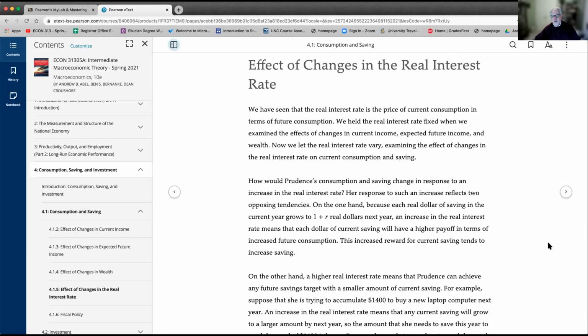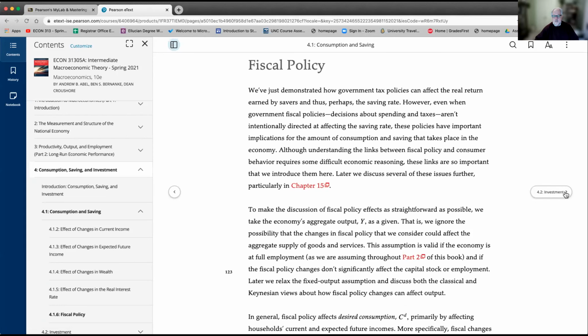At the same time, with a higher real interest rate, to get to a certain amount of future consumption, you don't need to save as much because the interest rate is higher. So there's an income and a substitution effect. So theoretically, we can't say for sure which one is going to dominate. But generally, we can talk about the effect of the real interest rate on the amount of saving, which one tends to dominate.